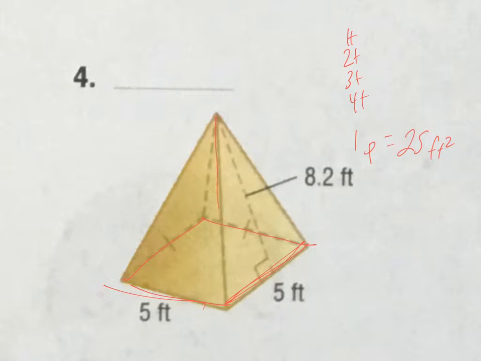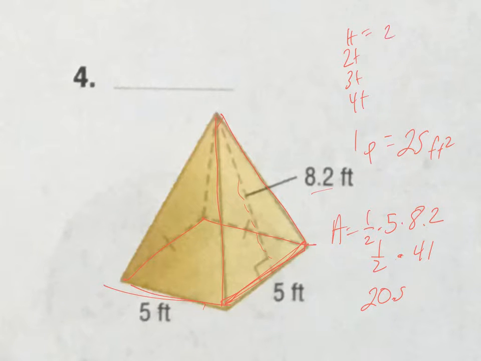Now all the triangles are the same, and here's my height, so it's area equals 1/2 times my base of 5 times my height of 8.2. 5 times 8.2 is 41 times 1/2, and that is 20.5.